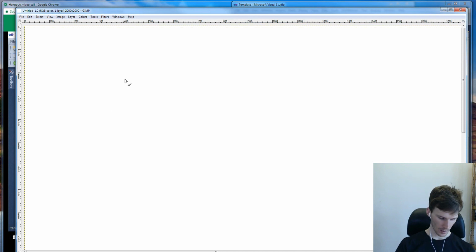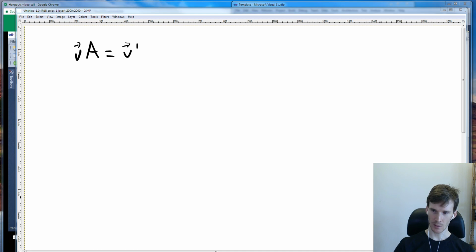So basically, you have a vector v, and I want the vector v times matrix A equals v dash, which is a new vector. We'll notate them nicely so we know they're vectors.